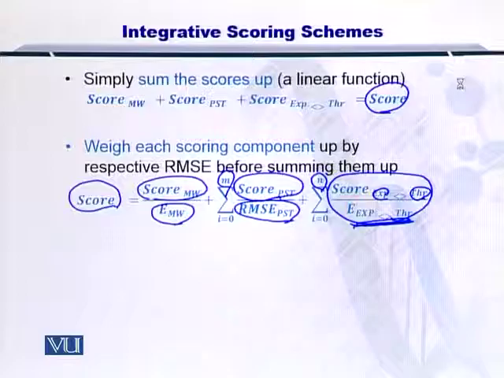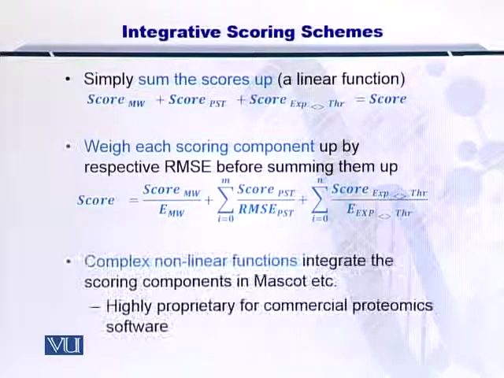Of course, we can keep on optimizing this entire scoring strategy and arrive at something that is extremely depictive of the score of the protein. In the commercial industry, there are complex non-linear functions that are used to score this MS1 and MS2 spectral comparison.